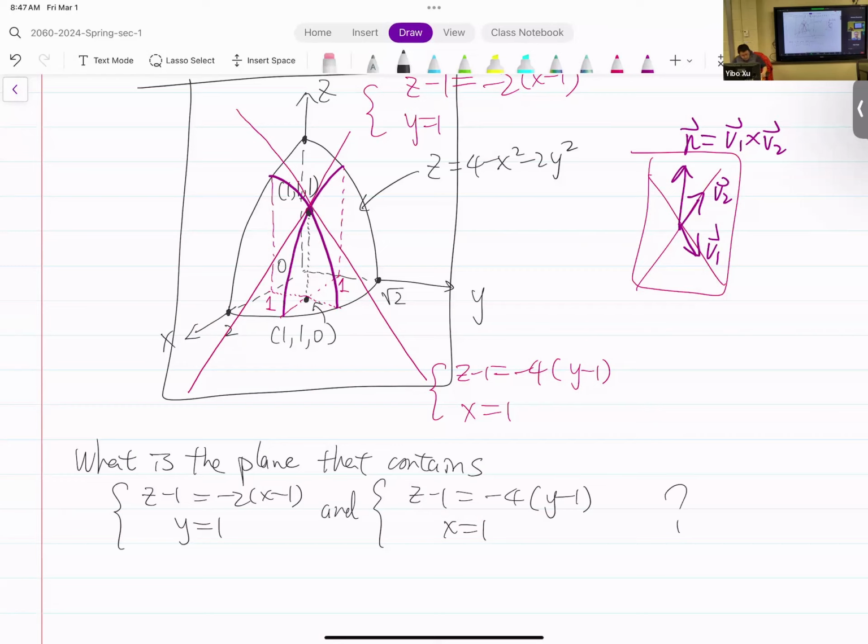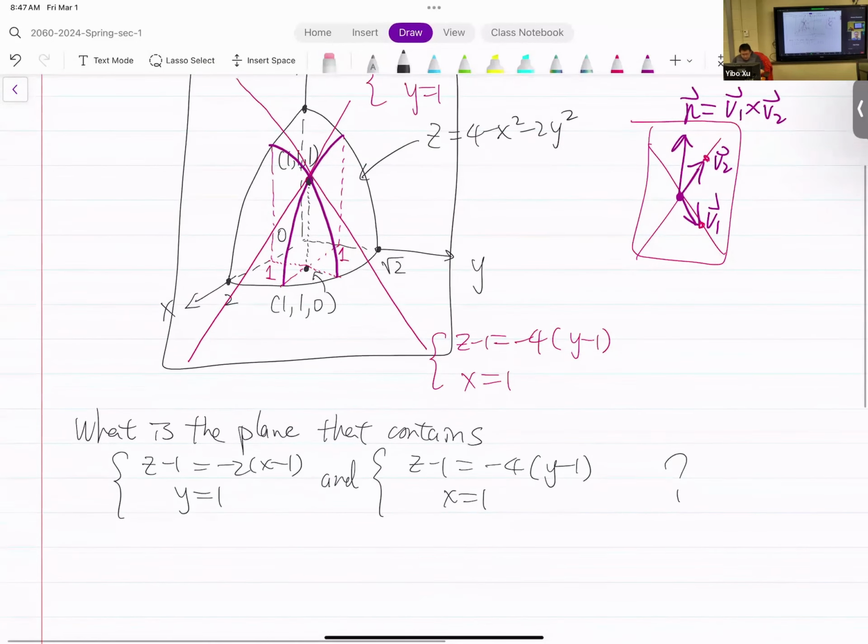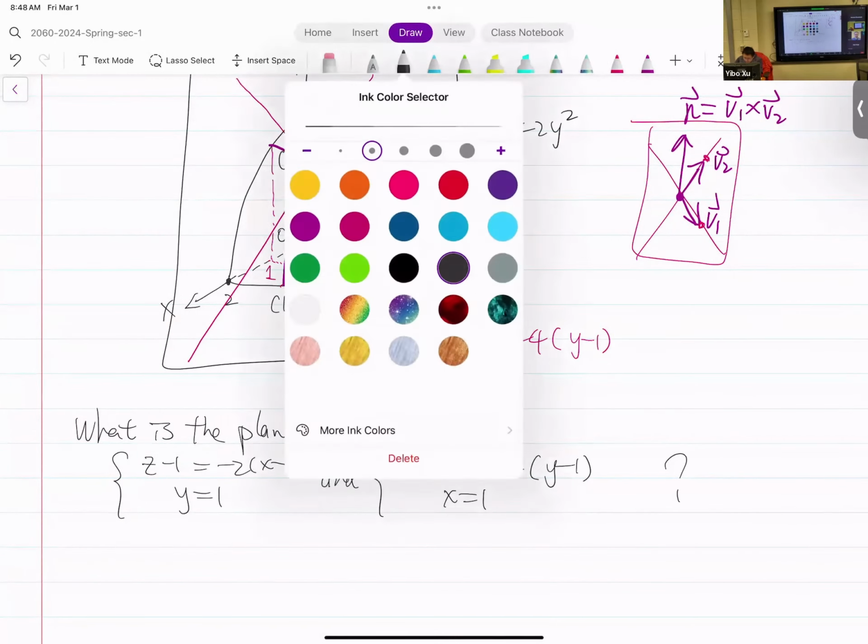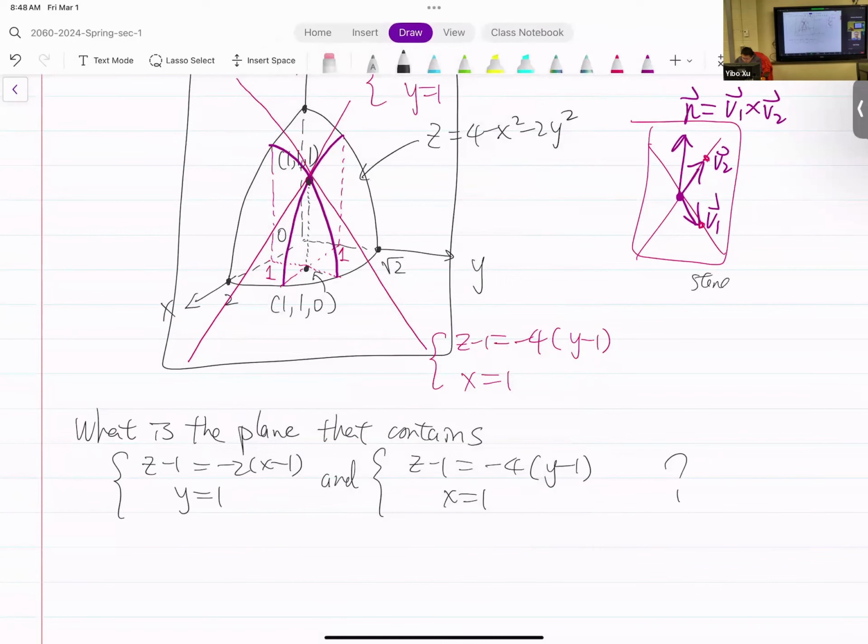We actually know that the point of intersection, right here, is (1,1). We know how to get the vectors v1, v2. We just need to pick some other points, another point that will help you get the direction, and then you do the cross product. So this is a standard method.